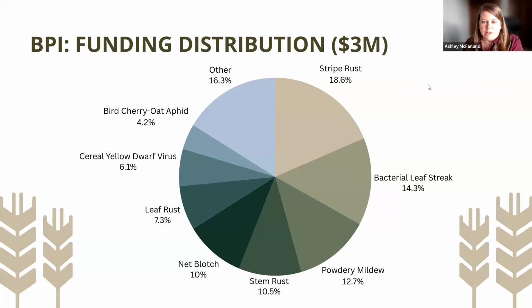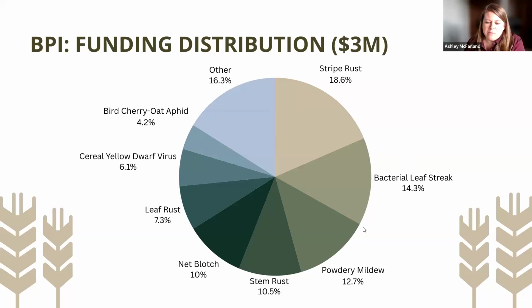Stripe rust is coming out as the leader in terms of funds received. Then number 2 is bacterial leaf streak, which was the number 1 concern on our previous slide. I should have looked, but I think this bumped up a couple places. I do think we're devoting more money to BLS than we were even last year.